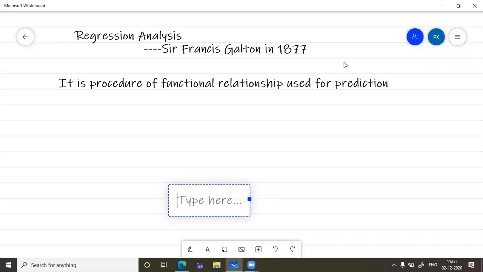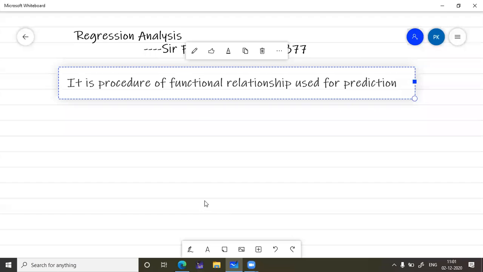Regression analysis was given by Sir Francis Galton in 1877. It's a very popular technique in statistics, which is used for forecasting. Generally, we can say that it's a process of functional relationship used for prediction.